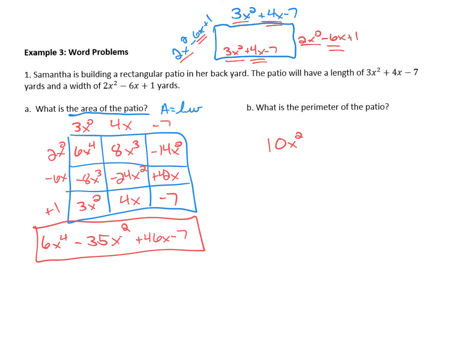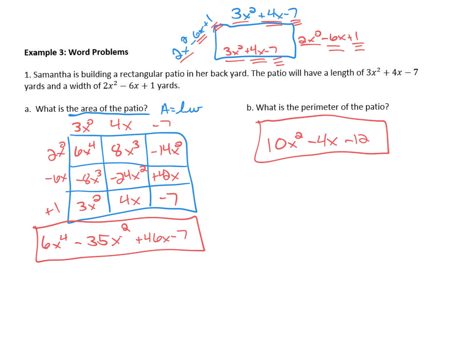So we'll have negative 12 plus 8, minus 4x. And then lastly, we have all of our constants to go. So negative 7, that'll be negative 14, plus 1, plus 2, negative 12. All right, try out the rest.